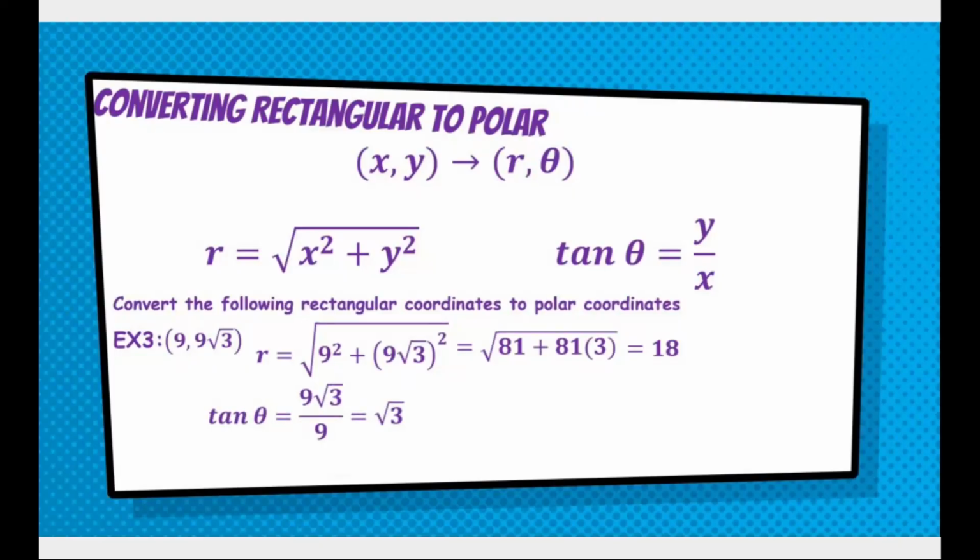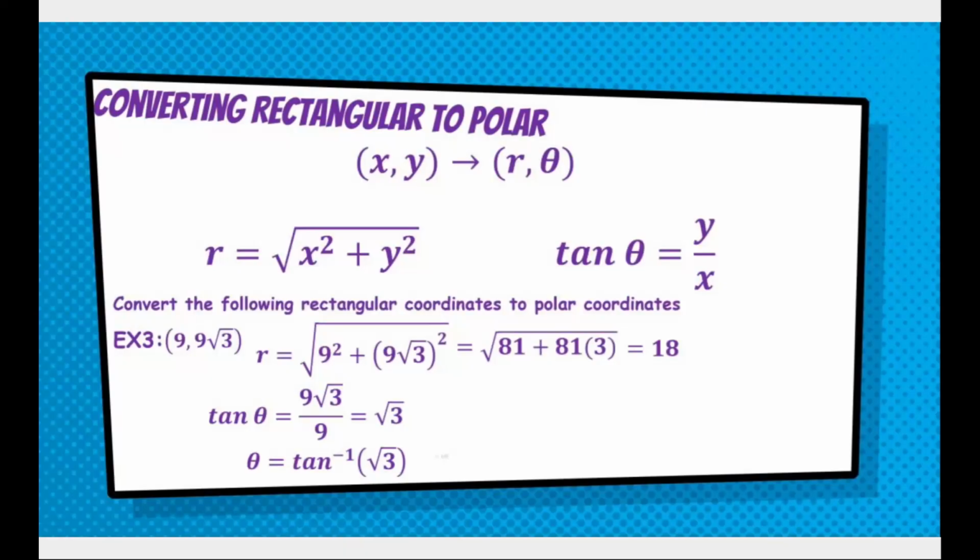And then I'm going to plug this all in, and this is going to say, okay, where on the unit circle, or what angle measurement, is the tangent equal to square root of 3? Let's first consider what quadrant we're in based off of our rectangular coordinates. Both are positive. Tangent can be positive square root of 3 in quadrant 1 and 3, but we want to ignore quadrant 3. Our rectangular coordinates are in quadrant 1, so we only care about quadrant 1.